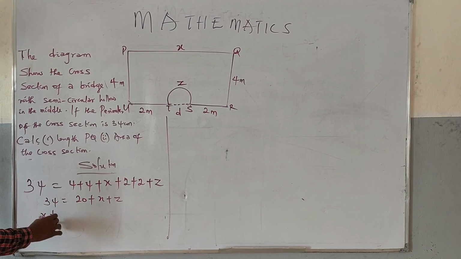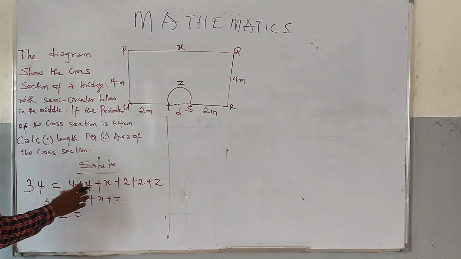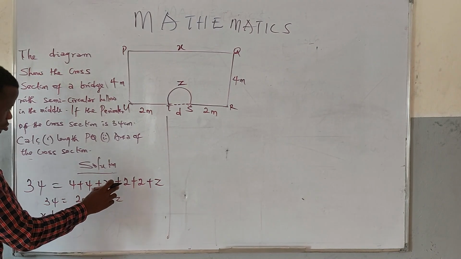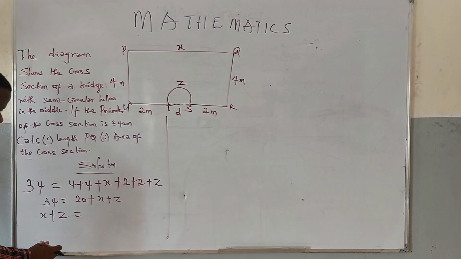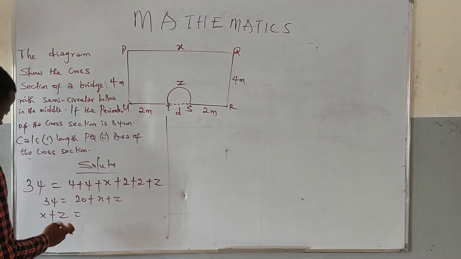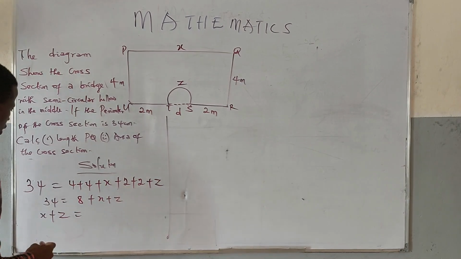That implies that x plus z is 34 minus this. 4 plus 4, 8. Where did I get 20? So this is 8, right?